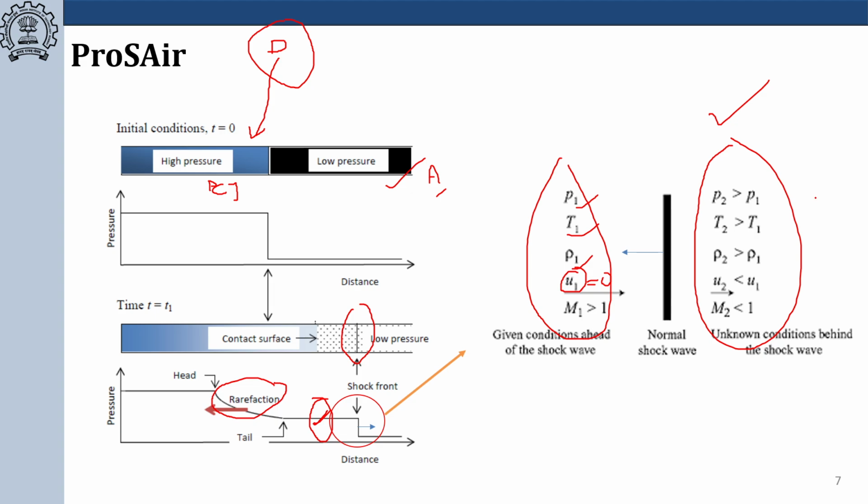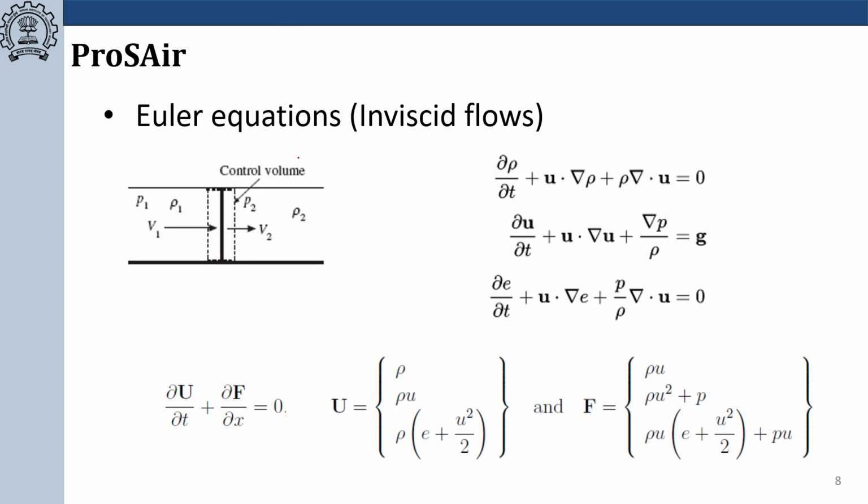So how does the software compute these conditions? You know the control volume approach you would have read in your BTech second or third year. You apply the control volume approach with mass conservation, momentum conservation, and energy conservation principles, and again you will be using the gaseous equation of state.